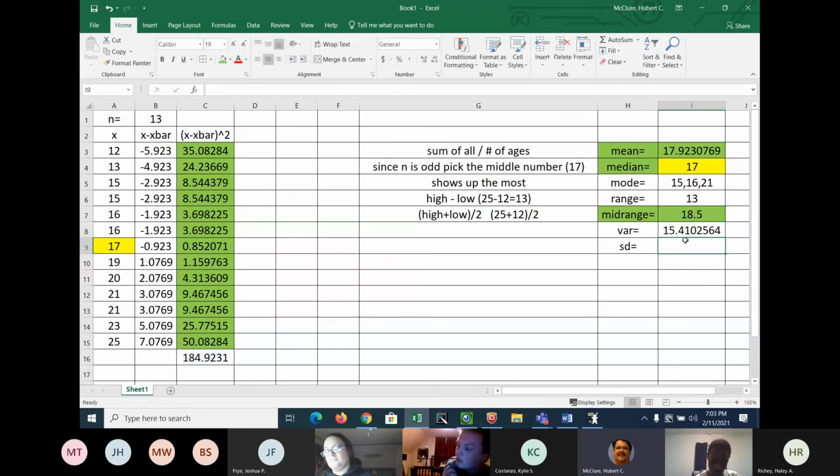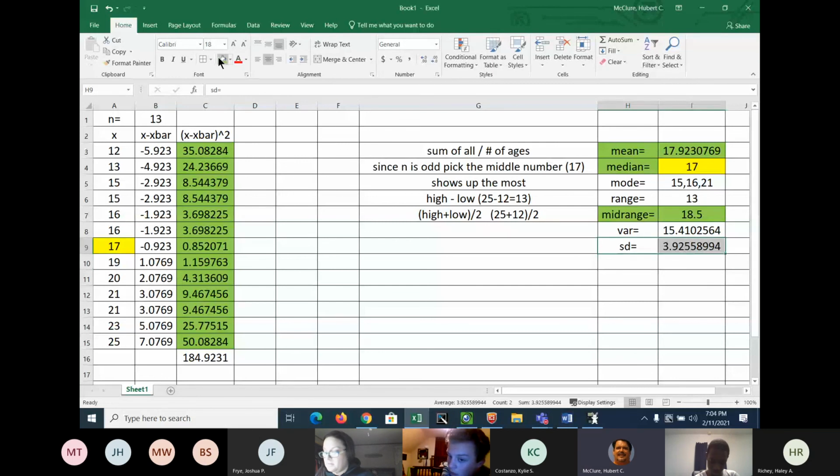15.41, and I'm going to raise that to the 0.5 power. So hit the caret symbol and put 15.4102 to the 0.5 power. And that is the standard deviation.